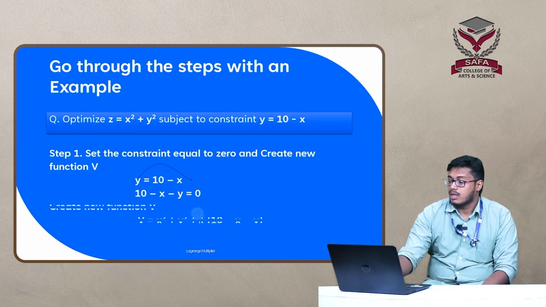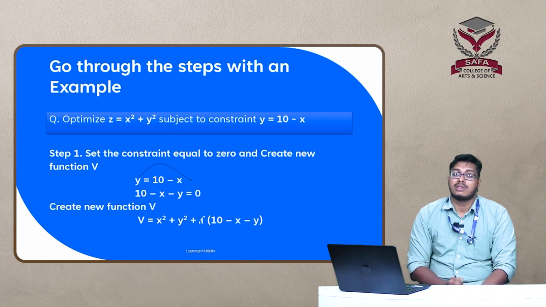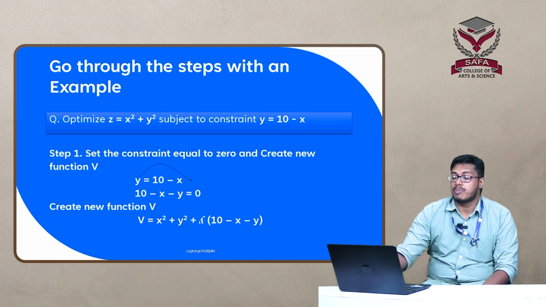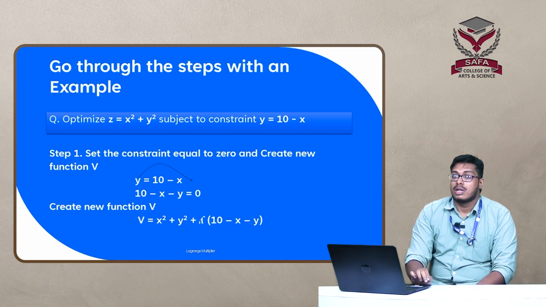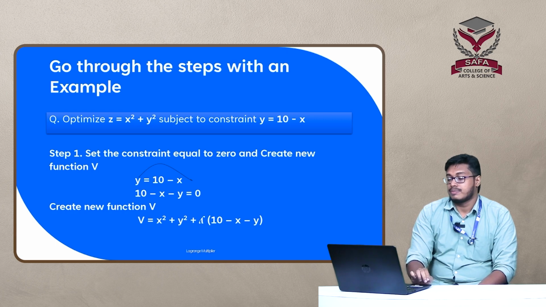Okay, then we want to create a new function v. The new function is created by multiplying Lagrange multiplier lambda with the constraint equation and the equation is added to the objective function, that is v is equal to x square plus y square plus lambda into 10 minus x minus y.